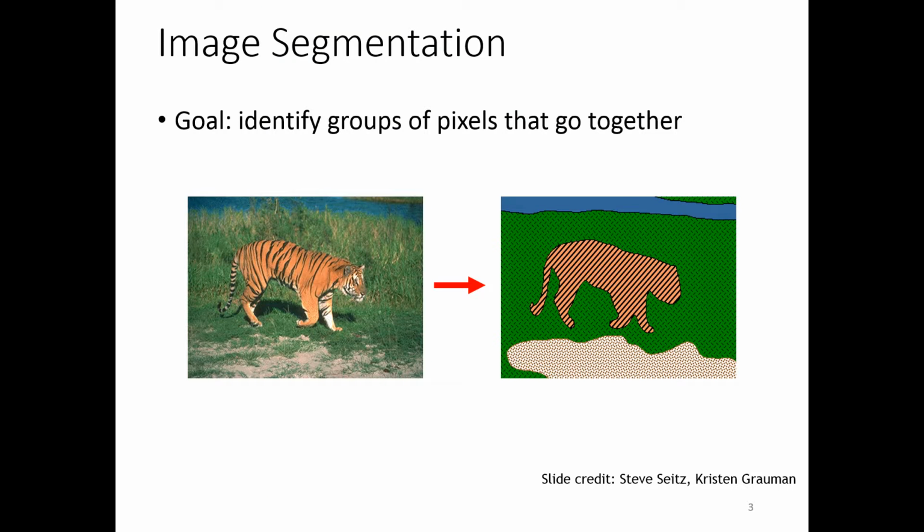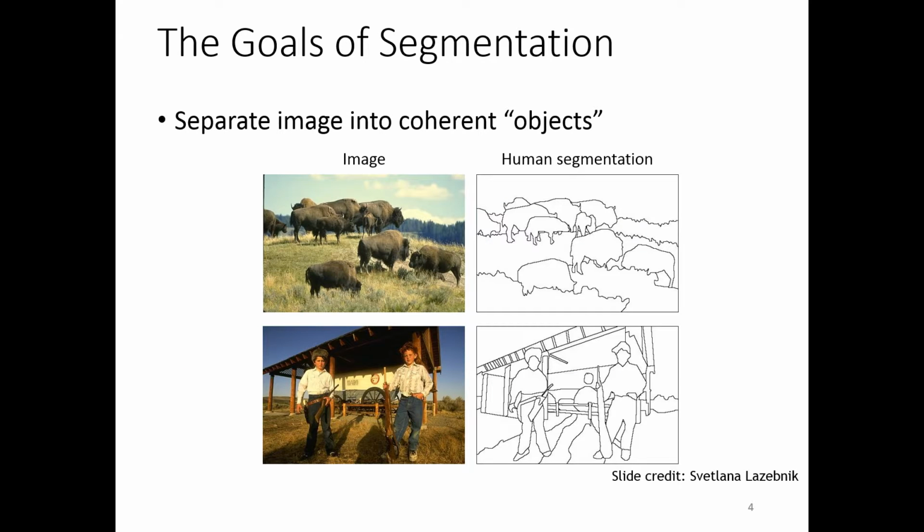For segmentation, the concept is very simple. We just want to have some object, like background and foreground, and we want to extract the objects of interest, like the outline, from the background. This is some ideal segmentation result.